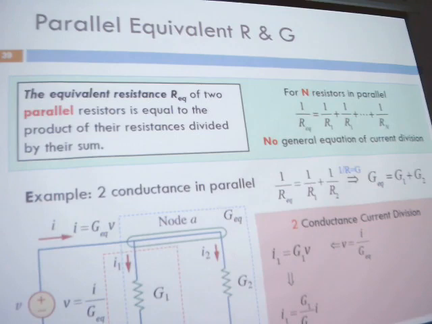Clear? And then we can derive this one, because our Geq here is equal to G1 plus G2. And now we can see this is proportional. Clear? Our I1 is equal to G1 over the sum of G times I. Our I2 equal to G2 over the sum of G times I.